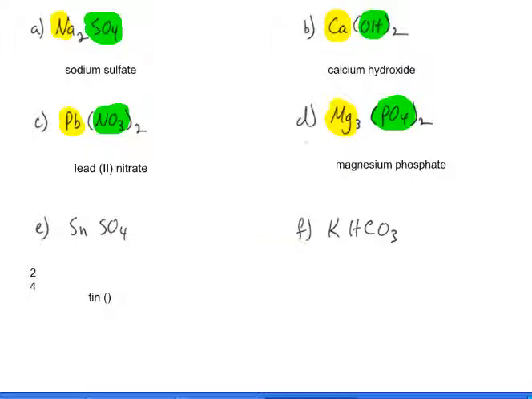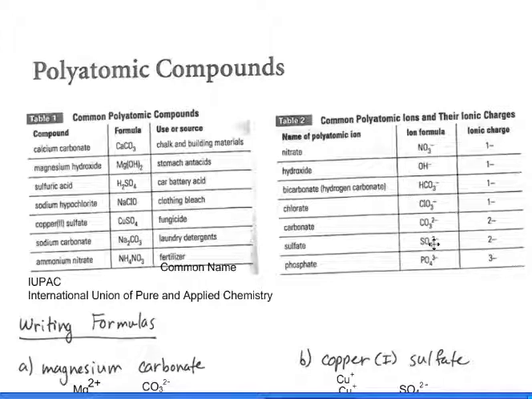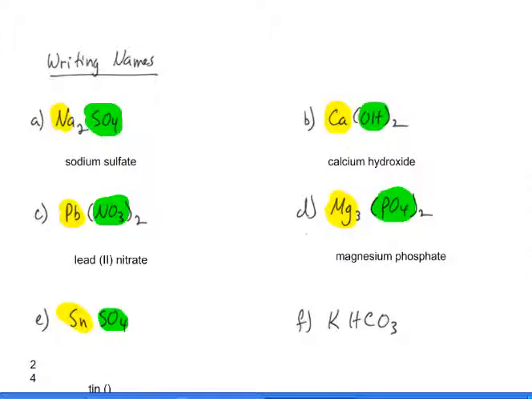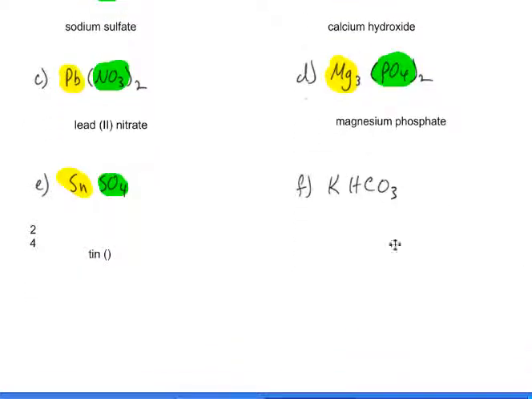And we can see here that it is combined. Now it's not in brackets, so we can just highlight the whole thing here. SO4. If you recall what that is, SO4 is sulfate, and it's 2 negative. And it looks like we only have one of them. One of these balances with one of these.